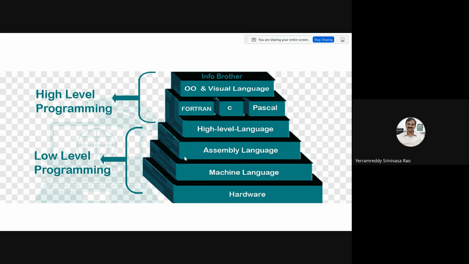What is assembly language? Assembly language is a set of commands, some symbolic representation, and some that look like English words, like addition, subtraction, multiplication, division, move, store. These English verbs you can use in the programming language. But again, there are so many, 200, 300, 500 such instructions.